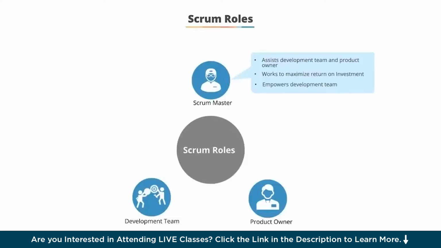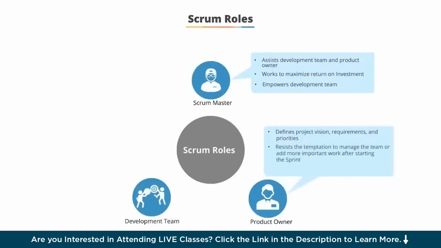The product owner is responsible for project success by defining the project vision, requirements, and priorities. The product owner has to resist the temptation to manage the team or add more important work after a sprint has begun. The product owner has to be willing to make the hard choices during sprint planning.